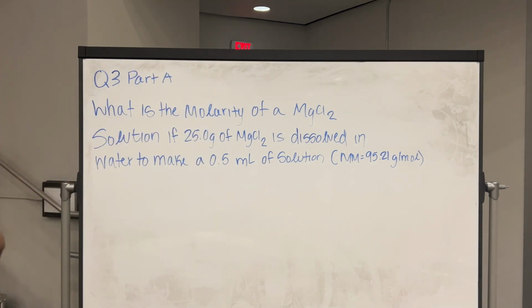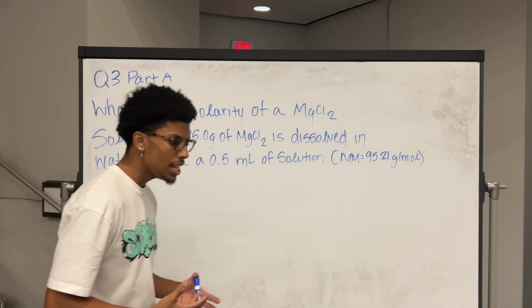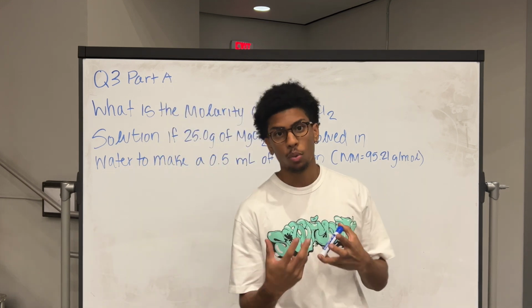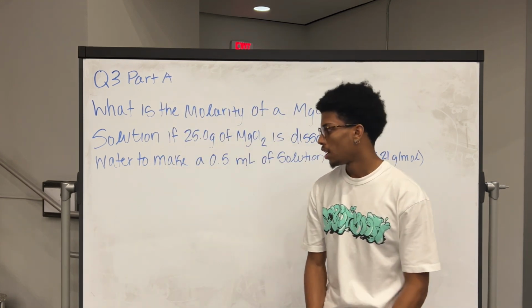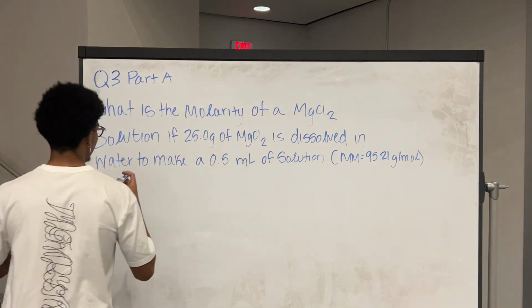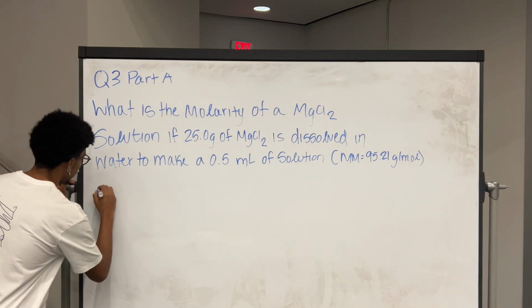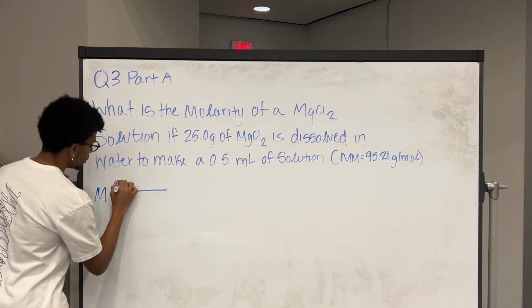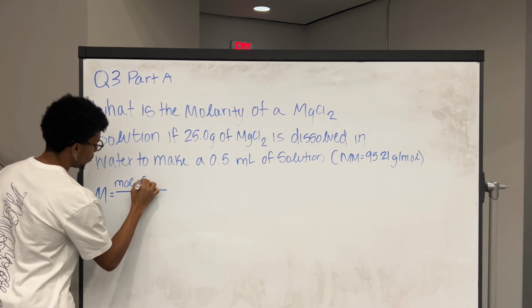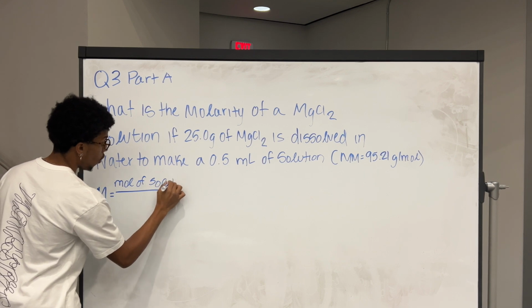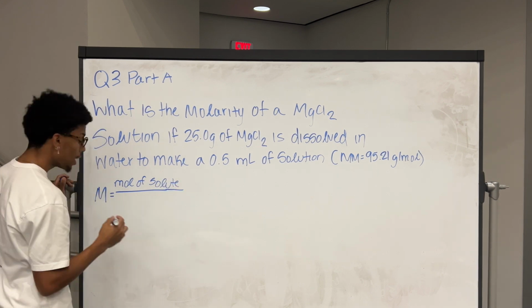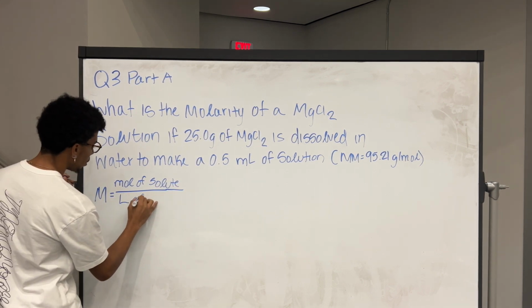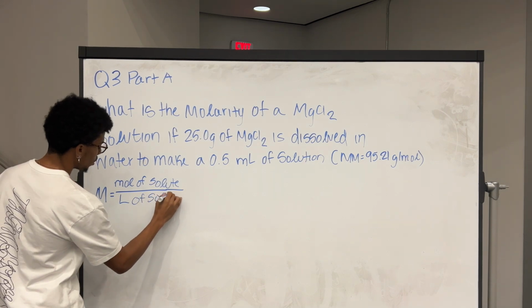But first we need to understand what is molarity. Molarity is just a fancy scientific word for concentration. And so molarity is equal to moles of solute, what is being dissolved in the solution, divided by liters of solution.